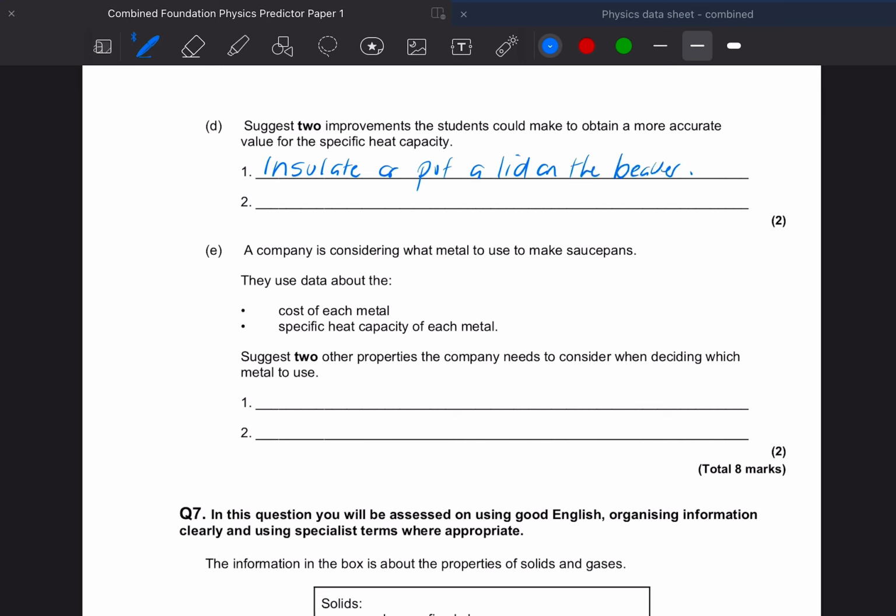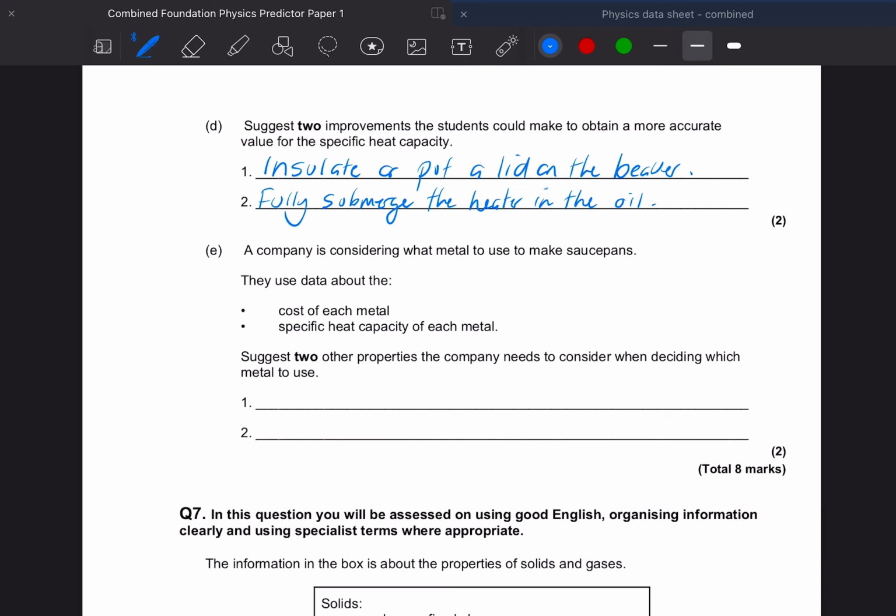Right, we can't say insulate and then in front of a mark put a lid on because that's both to do with insulation. The second mark we can say fully submerge the heater in the oil.